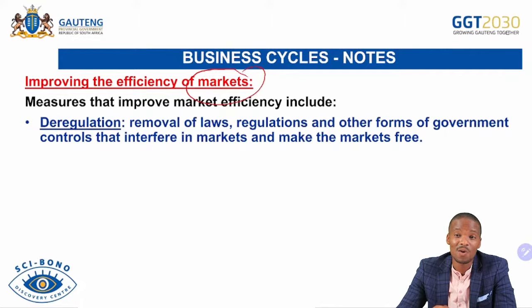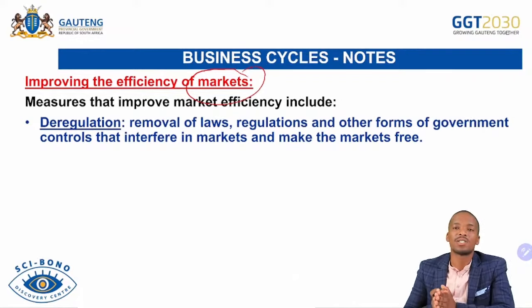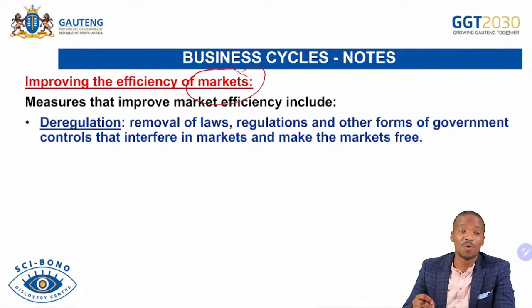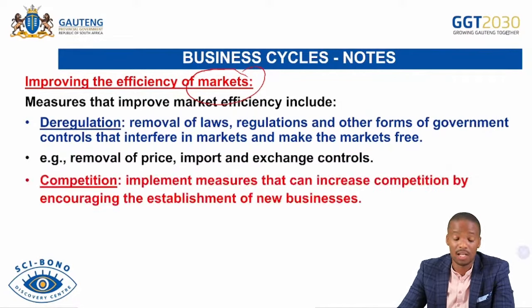Then your answer that you're going to give us, you're going to say it is deregulation. So we should move away from all these red tapes, all these laws that are unnecessary for us to trade. If we can remove those, supply will start to react. E.g., the removal of prices, imports, and exchange controls.